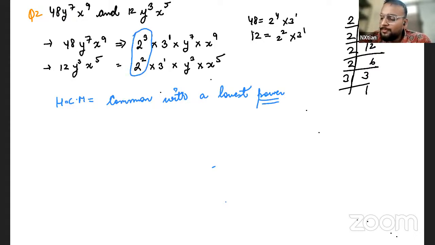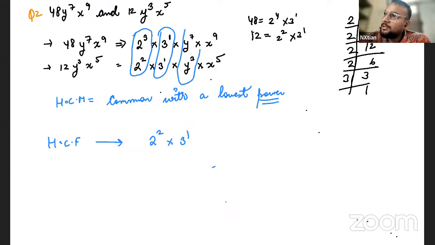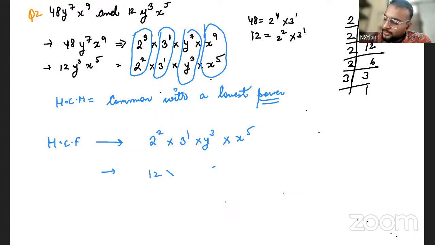So 2 to the power of 2 into 3 to the power of 1 into y to the power of 3 into x to the power of 5. So if you solve it, both give 12 y^3 x^5.